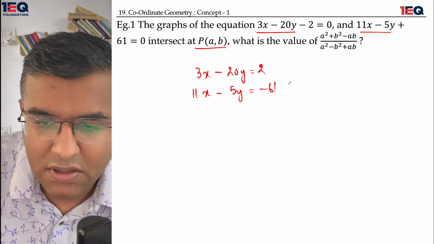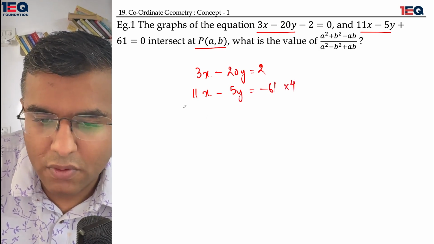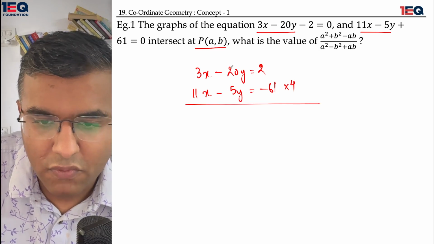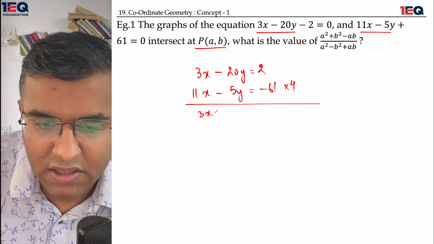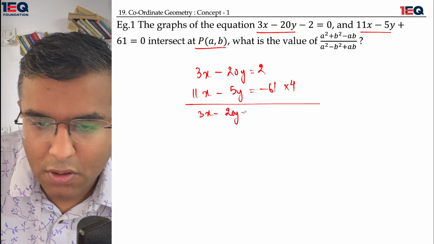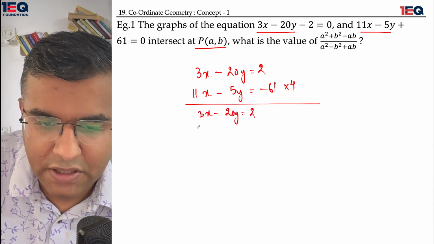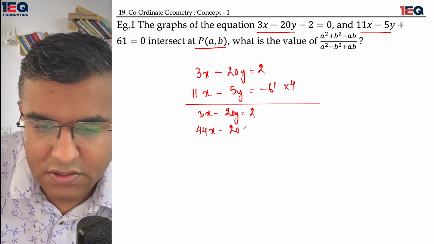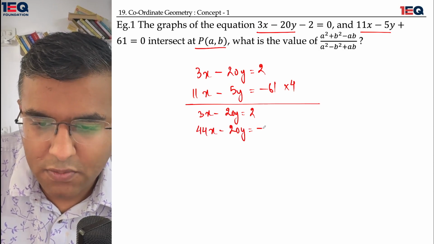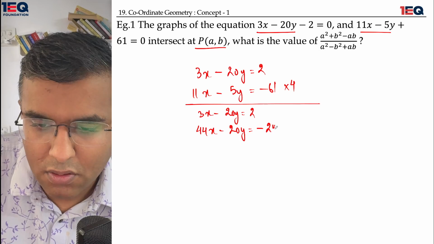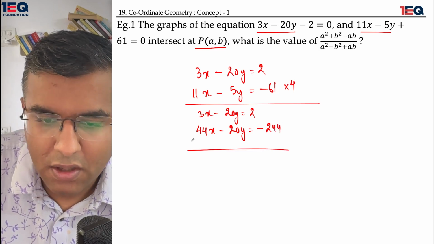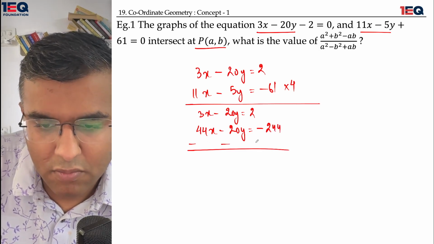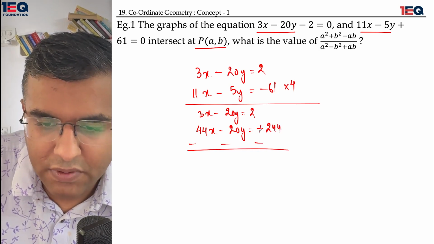In this situation, I would multiply it by 4 and would now solve it. It would be 3x - 20y = 2. Similarly, 44x - 20y = -244. I'll be subtracting both of them from each other. That would create a plus sign here.